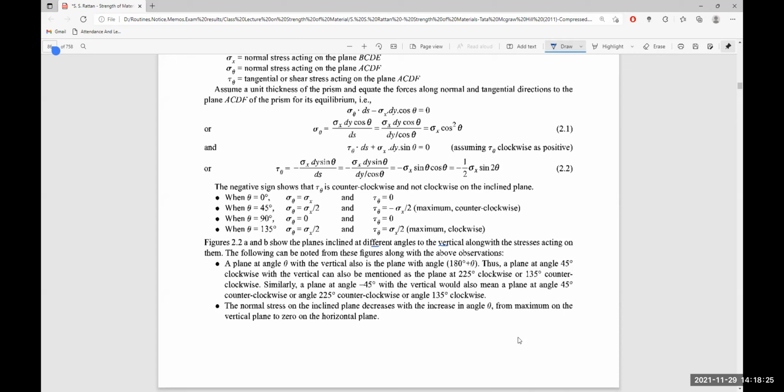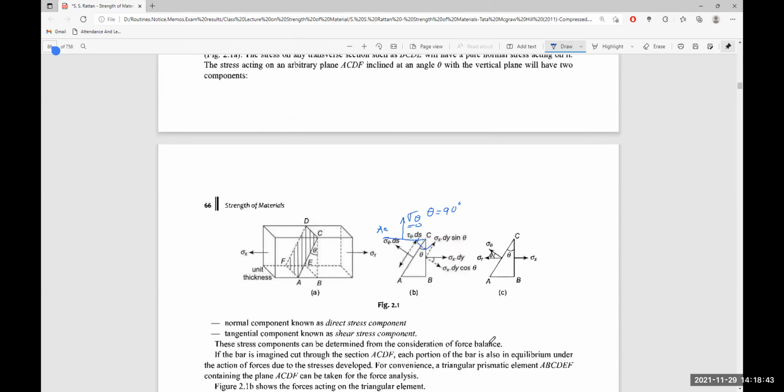The following can be noted from the figures. A plane at an angle theta with the vertical is also the plane with an angle 180 degrees plus theta. What is meant by this?